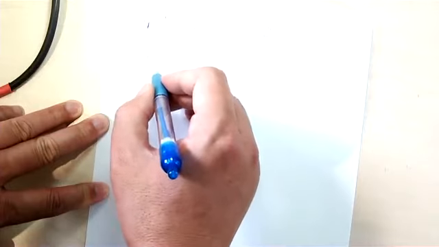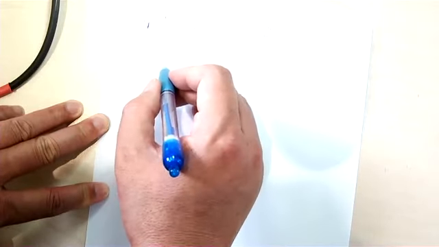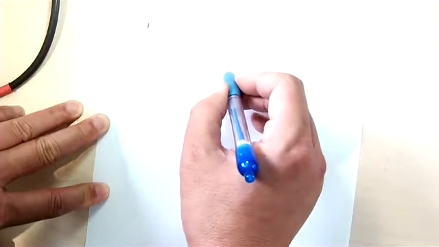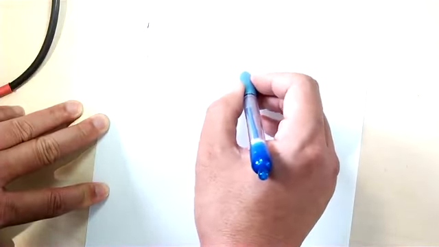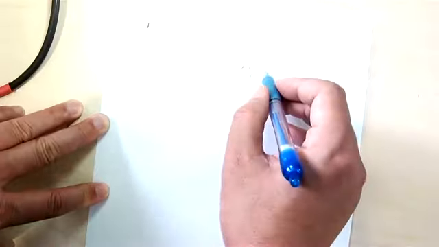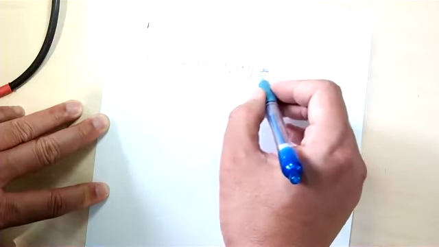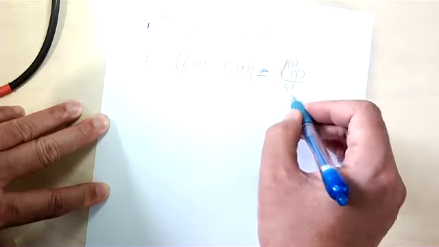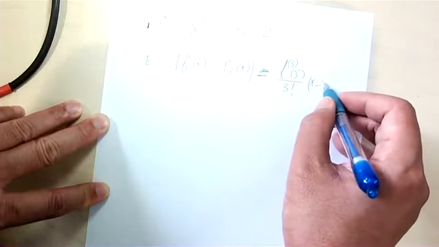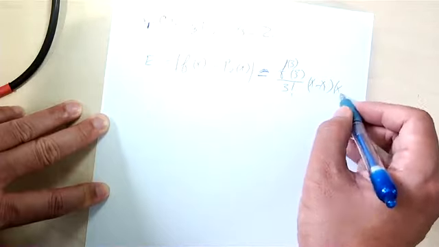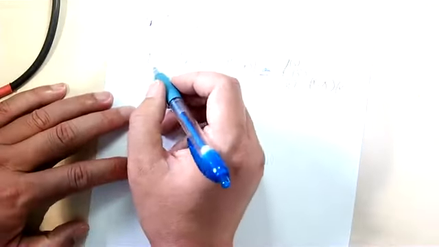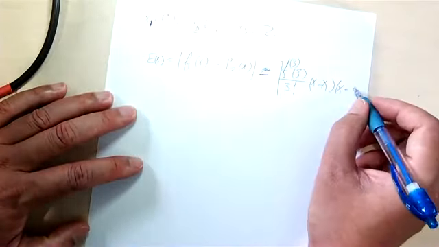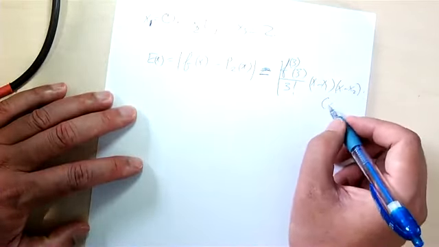So the errors will be f(x) minus p2(x), which will be equal to the third derivative of f at some xi over 3 factorial, then (x minus x1)(x minus x2), so this one is e(x), times (x minus x3).